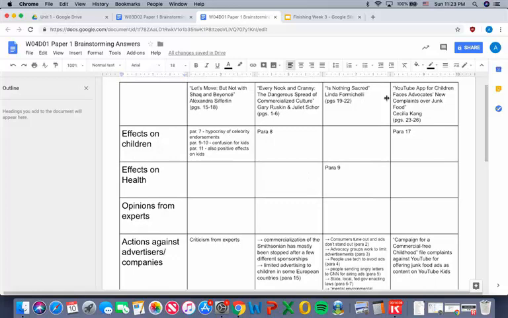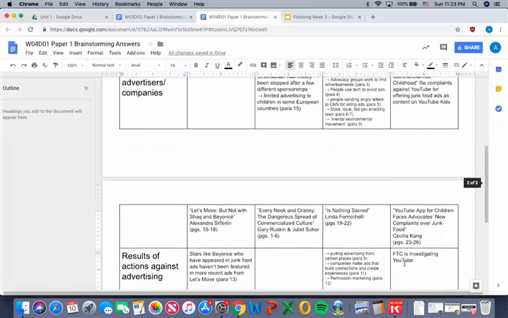The final article was from Cecilia Kang about the policy that is being explored as YouTube Kids content is emerging as having advertisements within it. And then what's happening against YouTube is that the Campaign for Commercial-Free Childhood filed a complaint against YouTube for offering junk food ads as content on YouTube Kids.